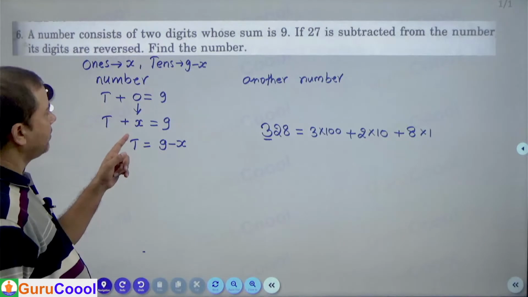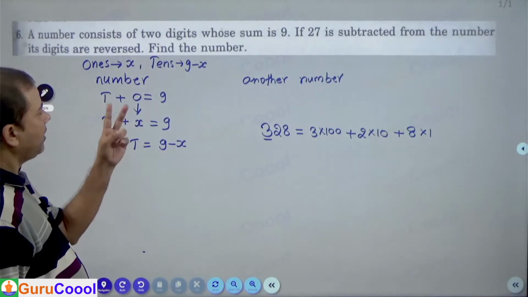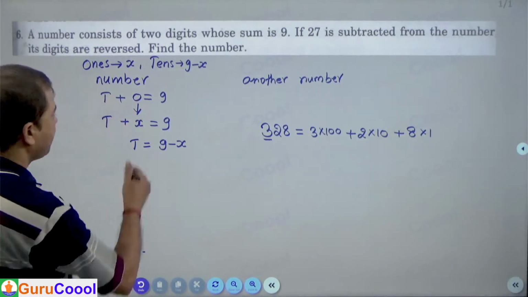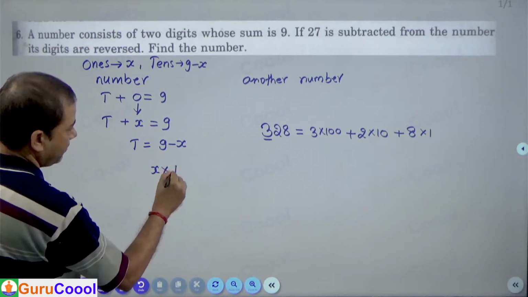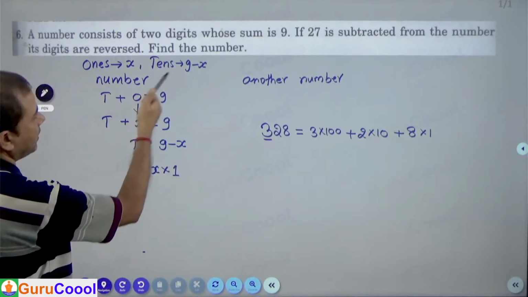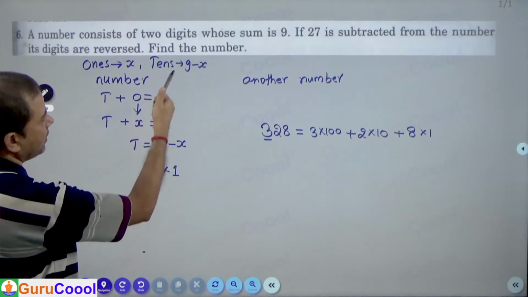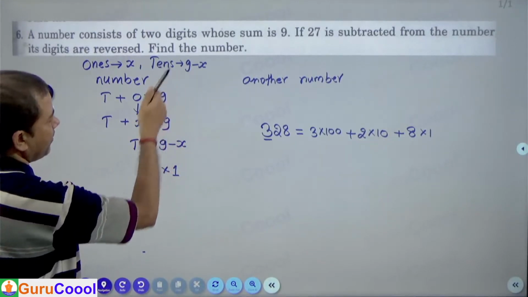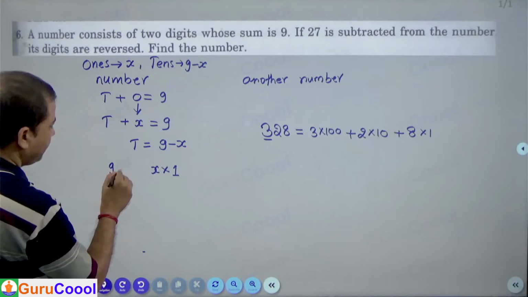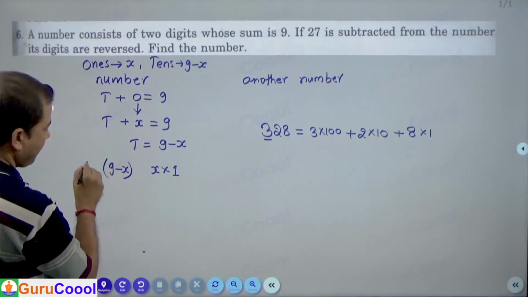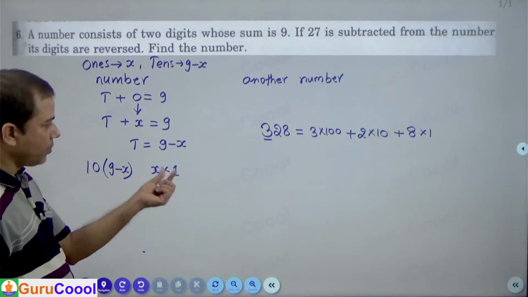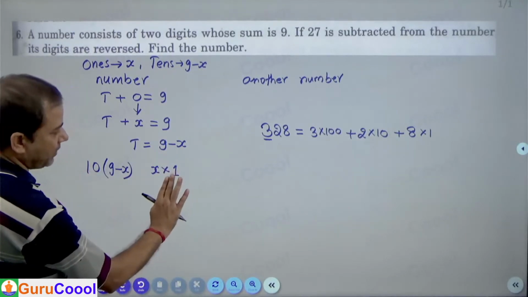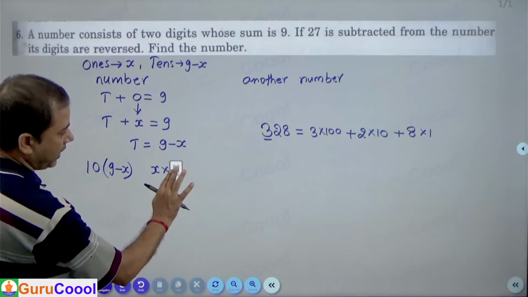In our question, we have two digits, ones and tens. Ones place is x, so x will be multiplied with 1, and 9 minus x is tens place, so 9 minus x will be multiplied with 10. 9 minus x into 10, x into 1, but no need to multiply with 1 because it will not make any change.